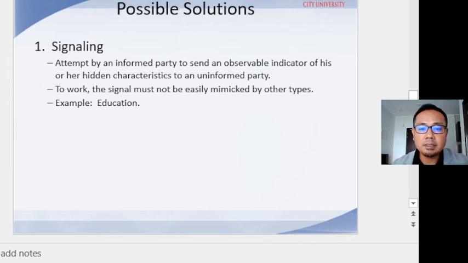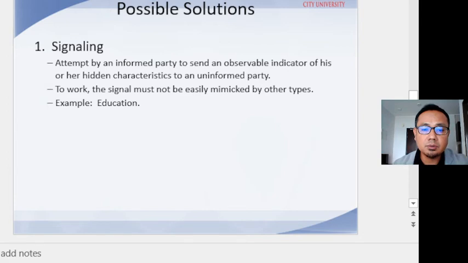In the labor market, job applicants attempt to signal their ability through resumes that tout their degree, their pedigree, the school at which they earned an undergraduate degree, or the fact that they earned an advanced degree such as an MBA or PhD.